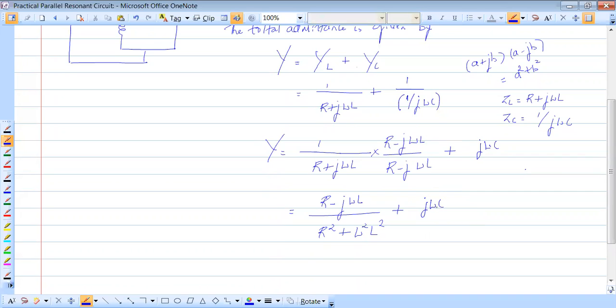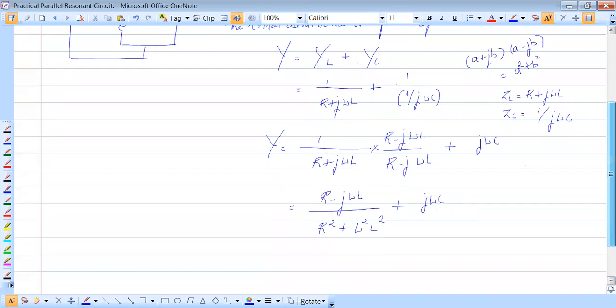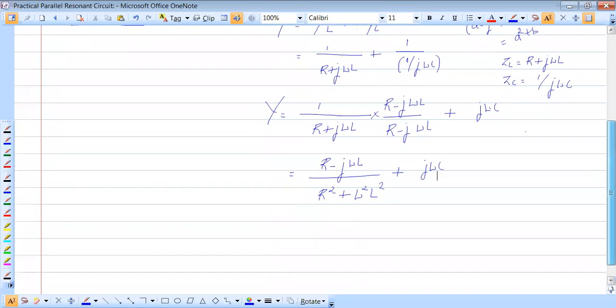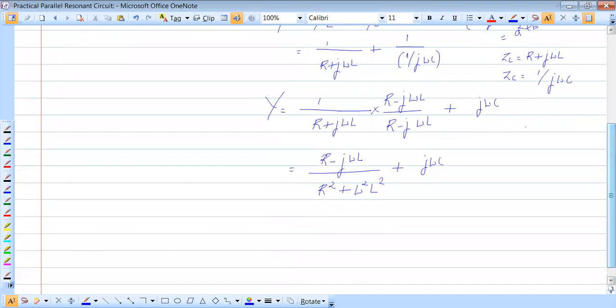Now, next what I want you to do is separate the j terms and the real terms here. That means imaginary terms and real terms you need to separate. So how to do that? It would be Y equal to, so the real part here is R divided by R square plus omega square L square.